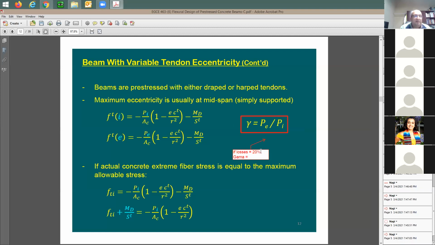How much is this? 80%, right? Which means in this case it's going to be equal to 0.8, right? This is the meaning of this gamma.